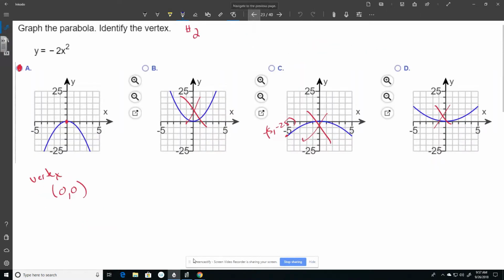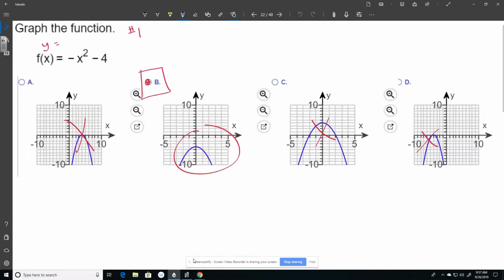There was another one that asked us to identify the vertex, and speaking out of turn here, the vertex isn't where we cross the axis. The vertex is that point where the graph changes direction. So even if it was shifted like this one, the vertex isn't here and here. Our vertex is that point right up there on top.